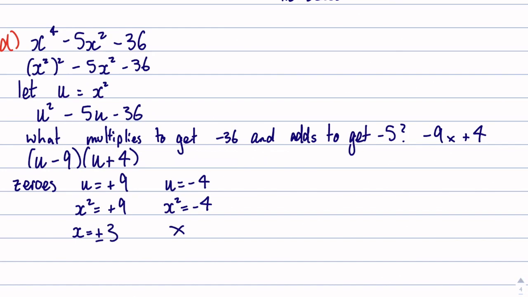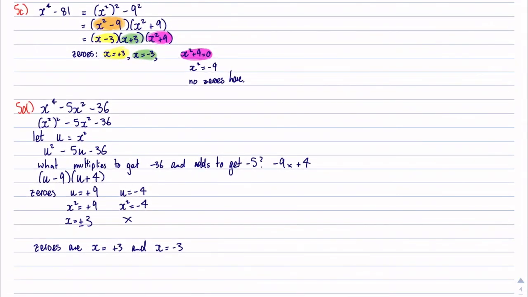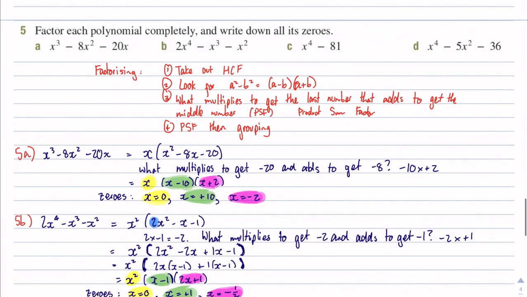So zeros are x equals positive 3 and x equals minus 3. You chuck those in, you'll get 0 for that whole thing. That's the last one. Thanks.